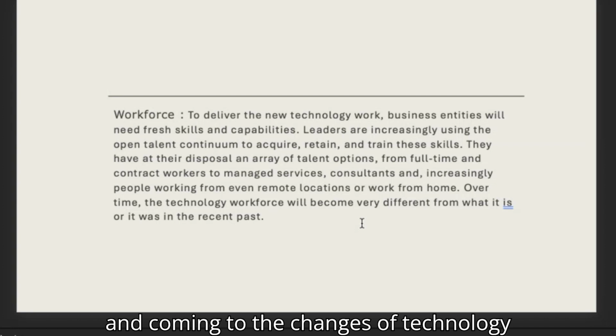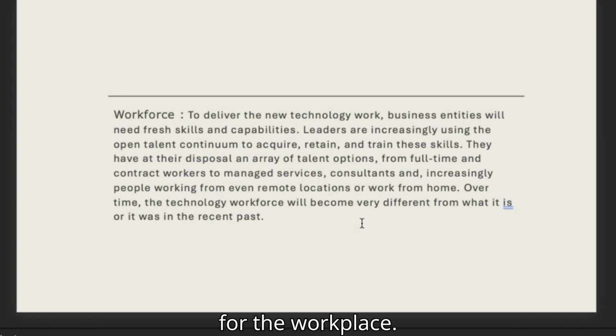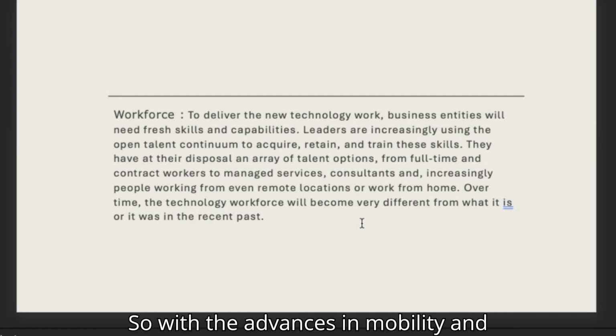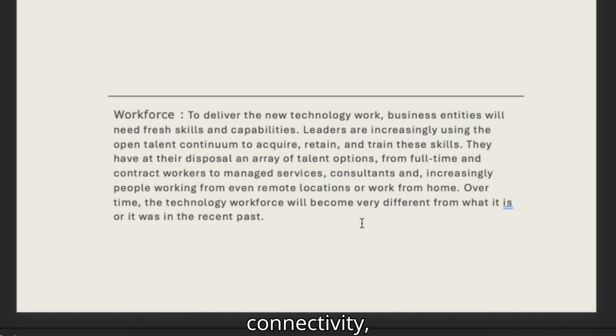And coming to the changes of technology for the workplace. With the advances in mobility and connectivity, the use of virtual tools has increased. Technologies such as virtual reality and augmented reality are emerging as the new frontiers in collaboration.